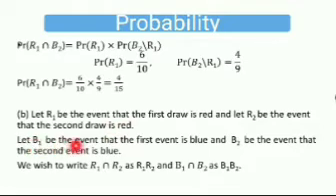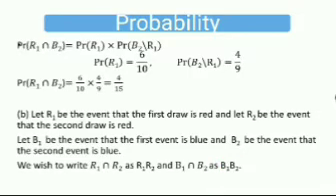Also, let B1 be the event that the first draw is blue, and B2 the event that the second is also blue. It will be either red or blue. So we write R1 intersection R2 as R1R2, that is first and second red, or B1 intersection B2 as B1B2, that is first draw blue, second draw also blue.